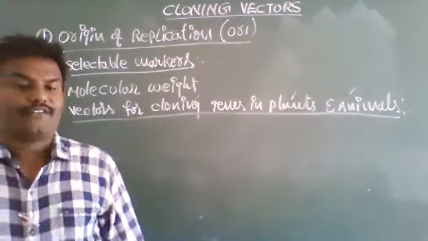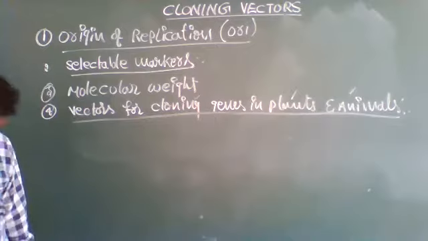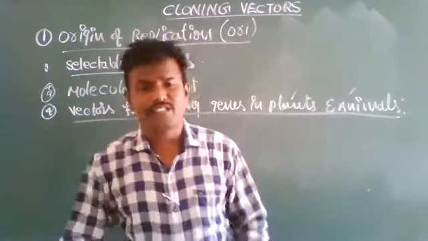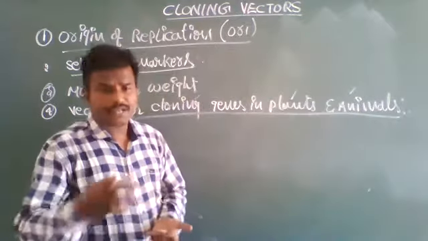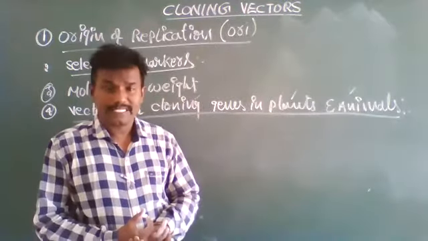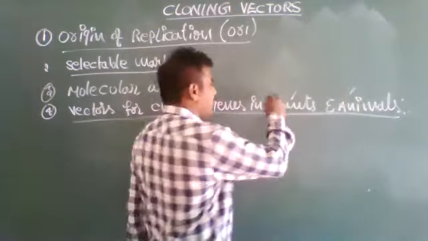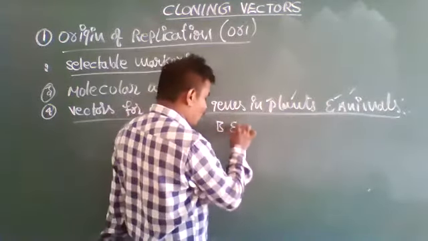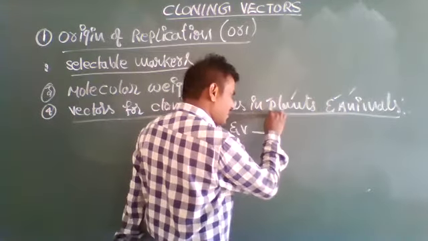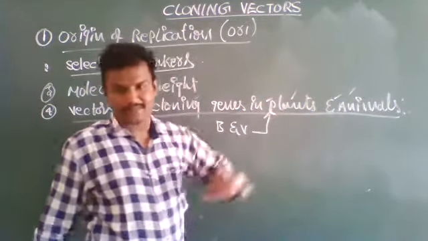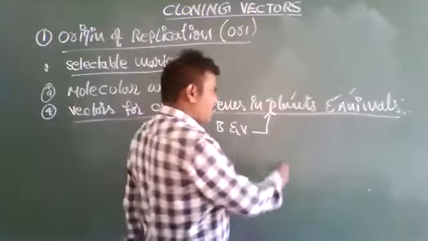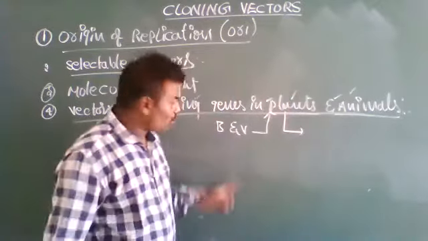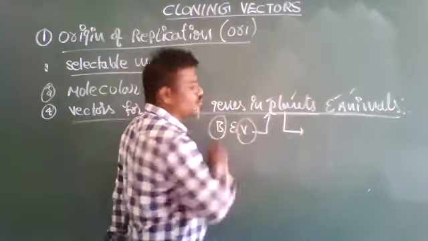So what type of vectors? Here, bacteria and viruses are used. Bacteria and viruses transfer genes from their body into plants and animals, and force plants and animals to do what the bacteria and virus want.